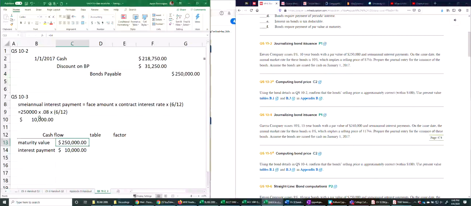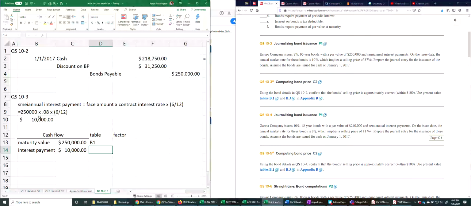It's $250,000 in the future. What is it worth today? So we need to take a present value. That's on table B1. You may remember that from your previous Appendix B lecture.